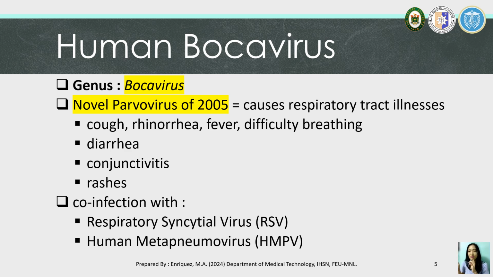So meaning, silang tatlo, magkakatropa sila, magkakasabay silang i-infect nila yung mga patients. Alright? So that's what we mean when we say co-infection. A person being infected with multiple different viruses at the same time. Alright? So again, the human Boca virus could cause a co-infection together with RSV and the HMPV or human metapneumovirus.